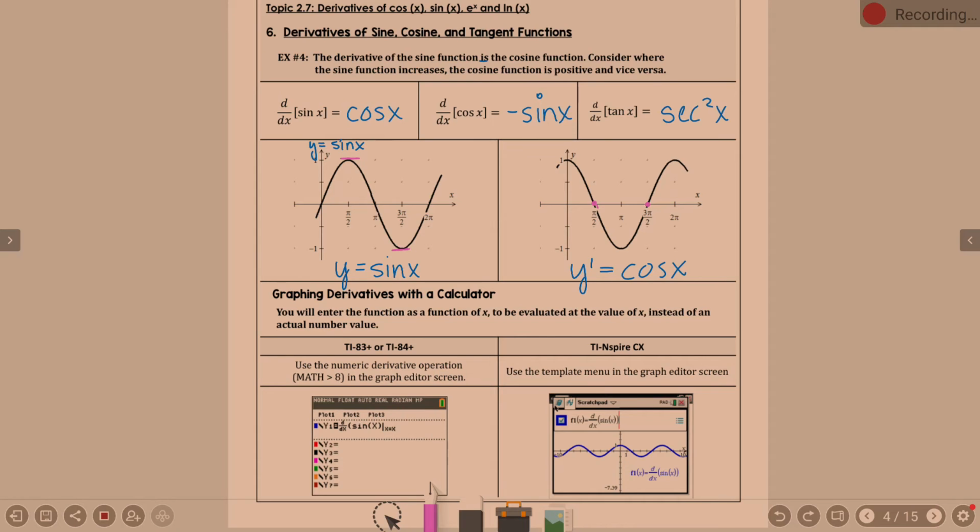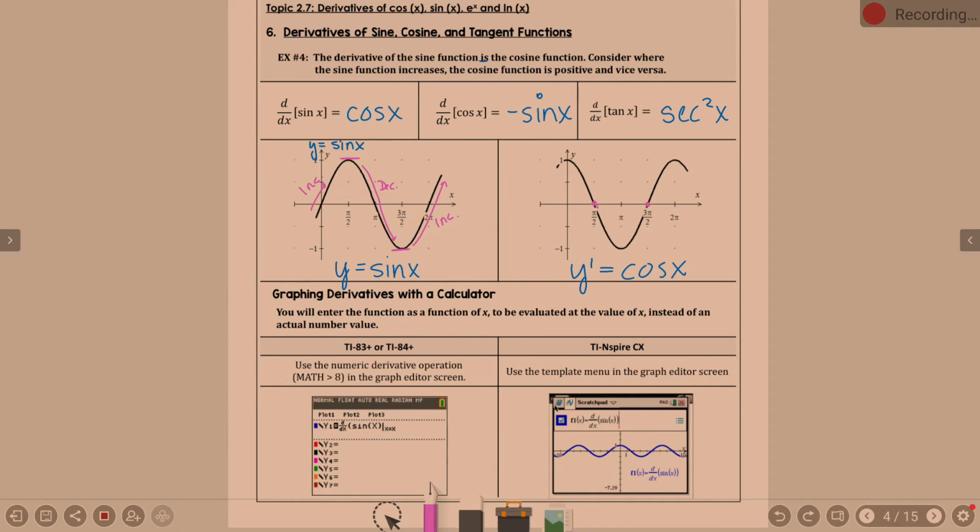As we look at sine, what's it start off doing first? The first thing it's doing is going up. It is increasing, yes? Then over here in the middle, it is decreasing. And at the end, it is increasing, right?